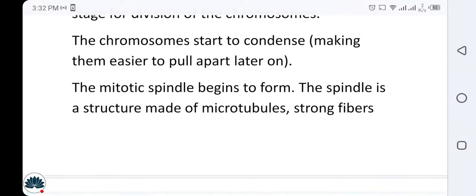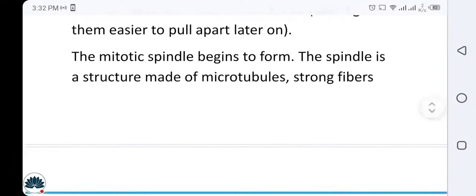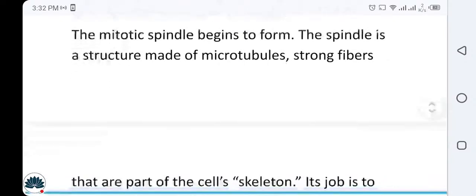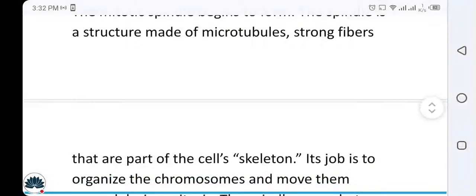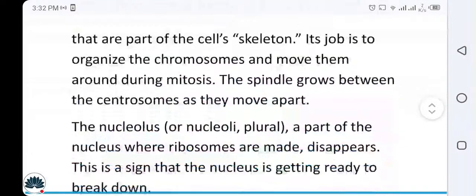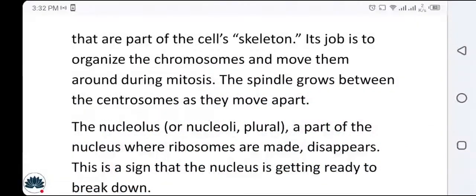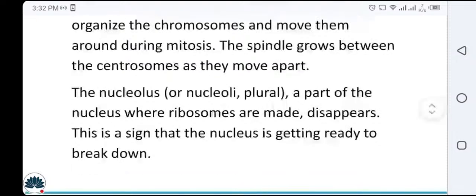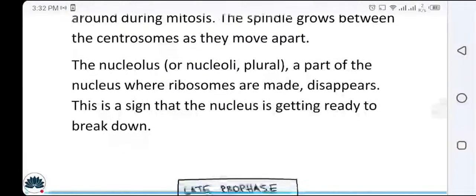The mitotic spindle begins to form. The spindle is a structure made of microtubules, strong fibers that are a part of the cell's skeleton. Its job is to organize the chromosomes and move them around during mitosis. The spindle grows between the centrosomes as they move apart.